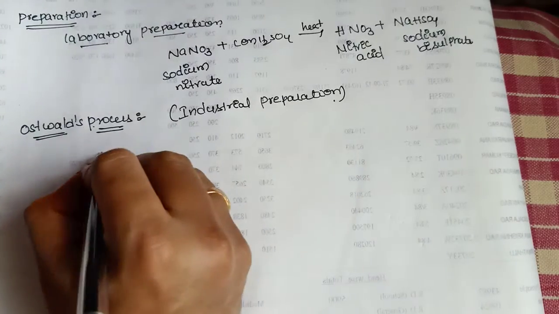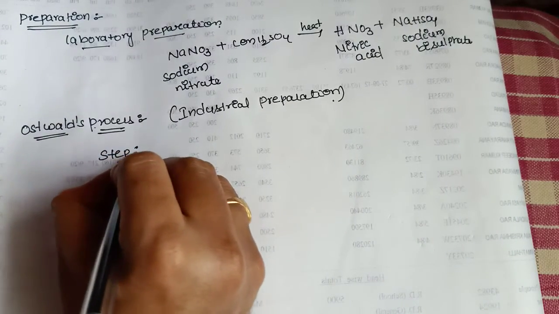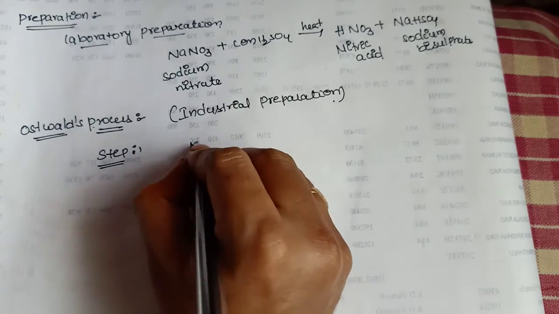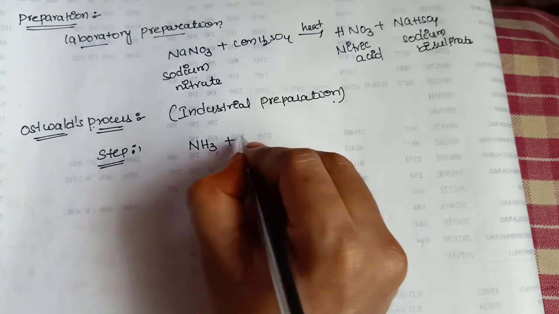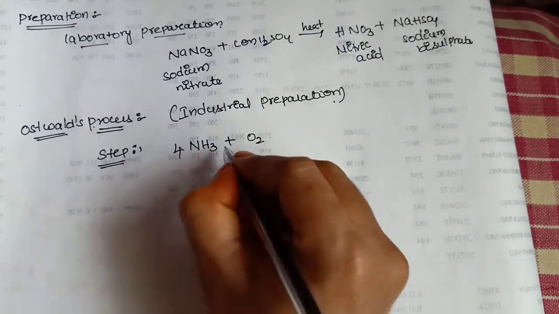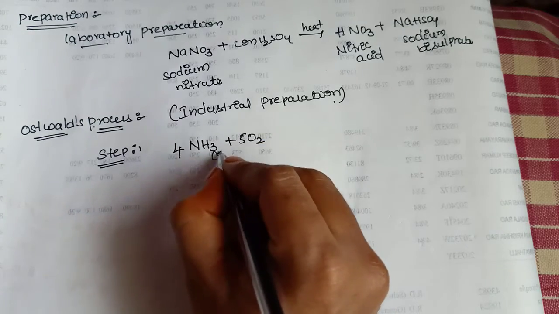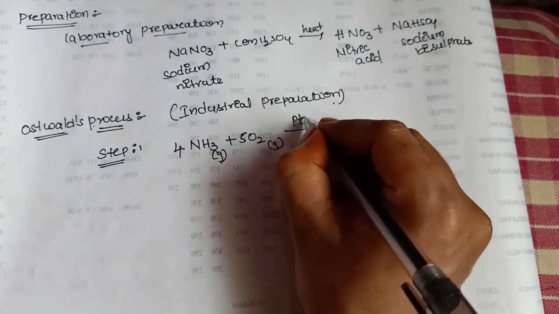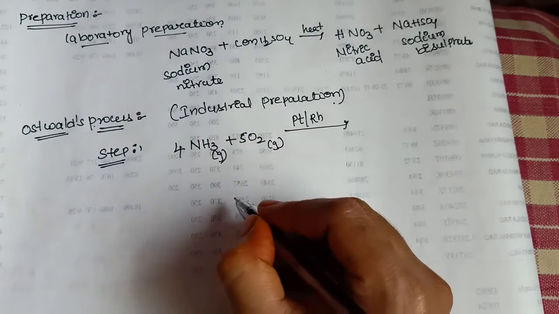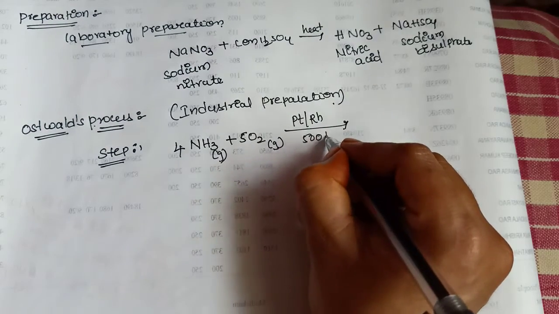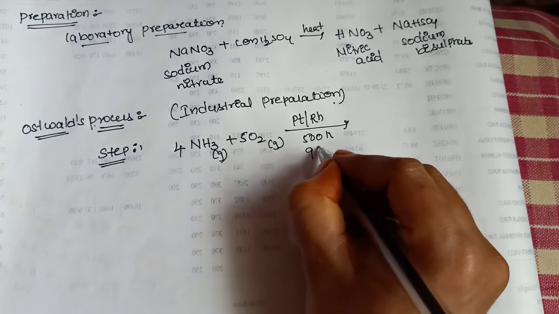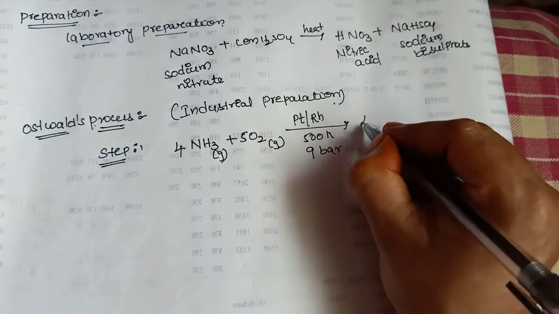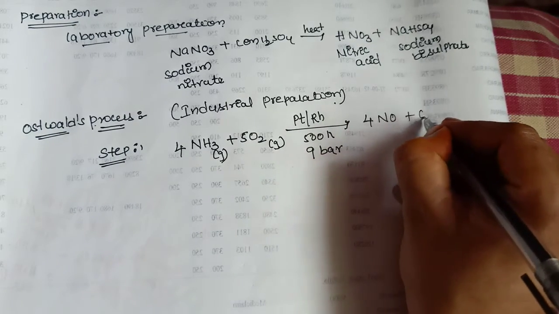Step 1: oxidation of ammonia in presence of platinum or rhodium catalyst, 500 Kelvin temperature and 9 bar pressure to give nitric oxide.